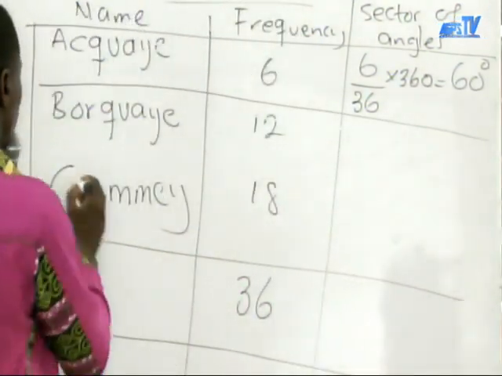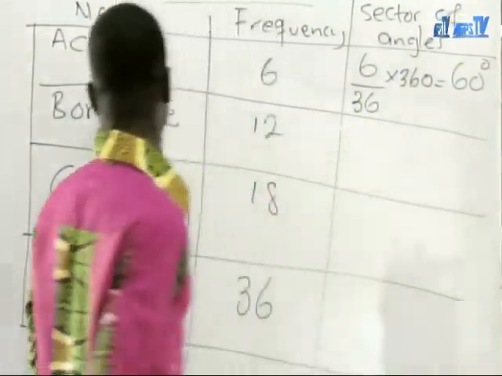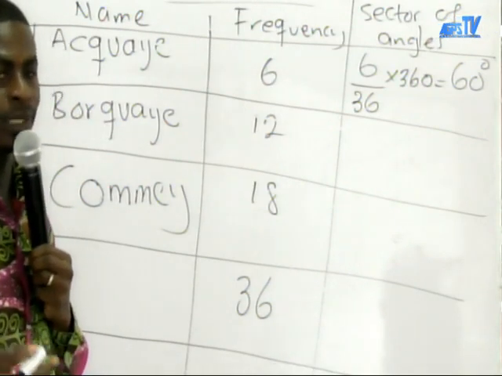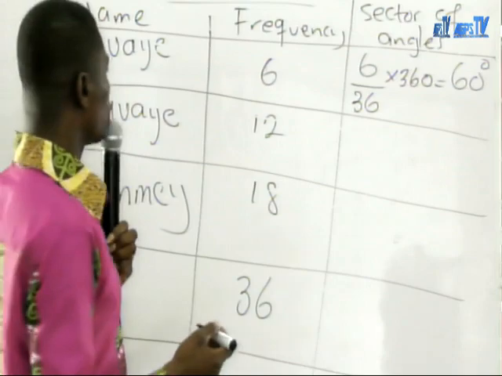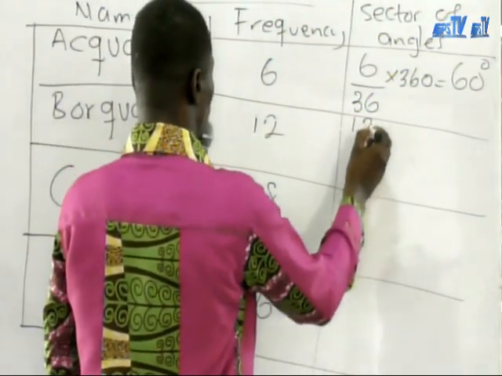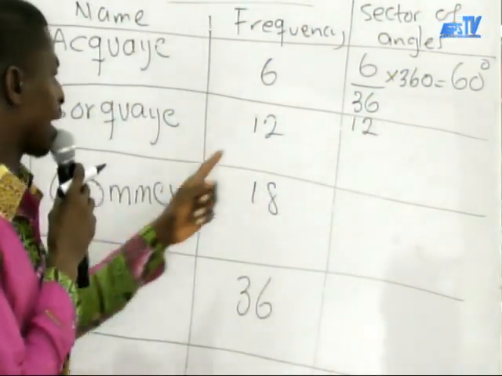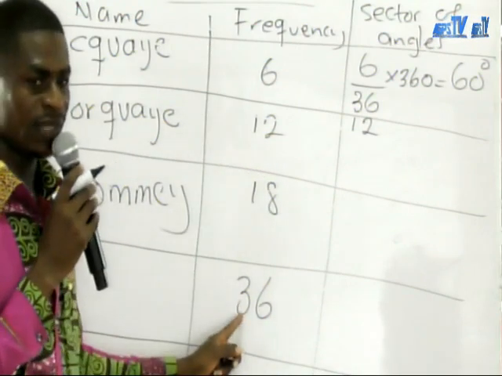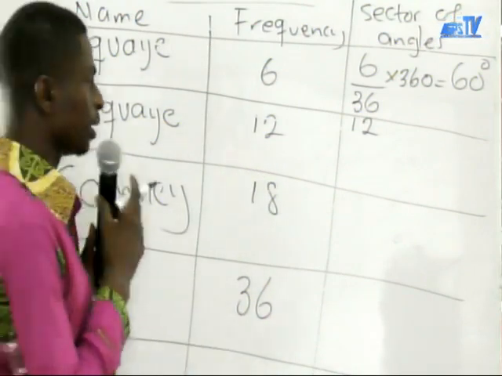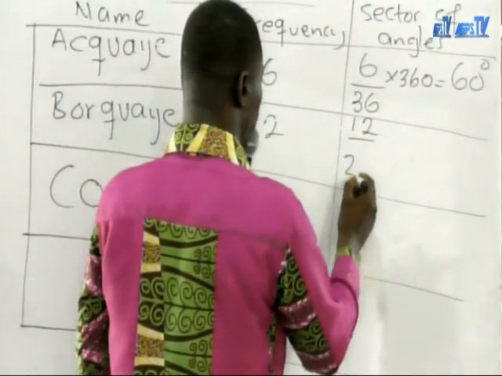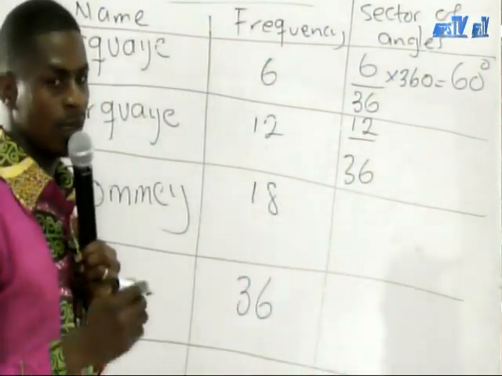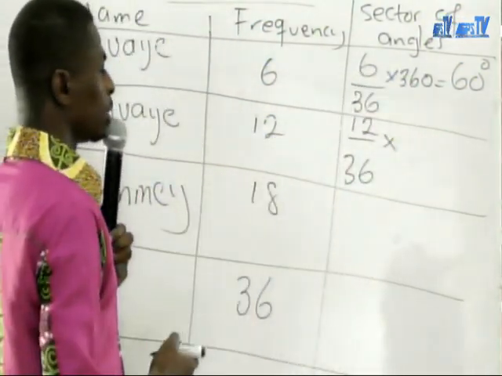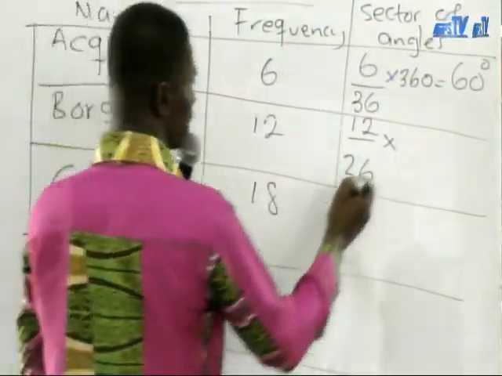Then we come to Bokweye. And for Bokweye too, we are going to do a similar thing. And so we are going to have 12 as the number of votes or the frequency, divided by the total number of frequencies, which is 36, and we are going to multiply it by the total circumference of a circle, which is 360.